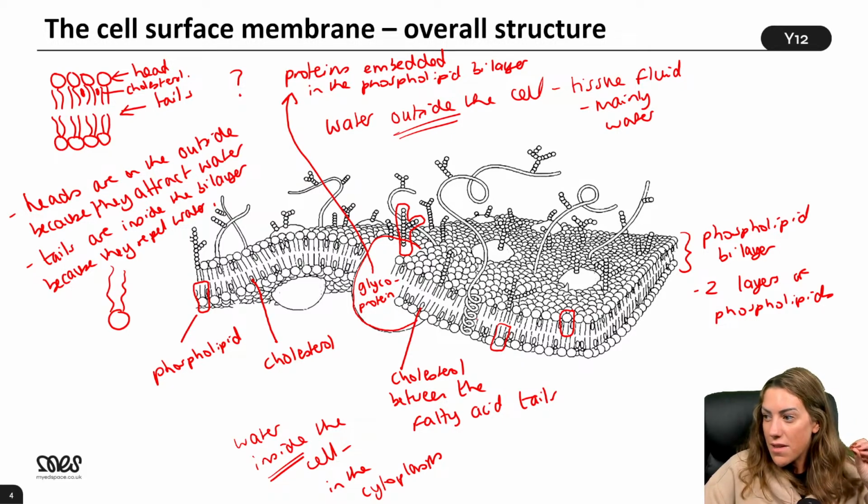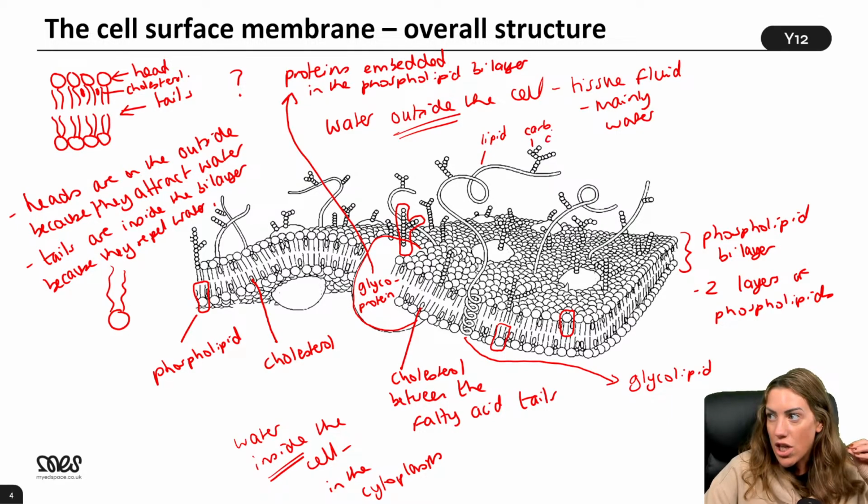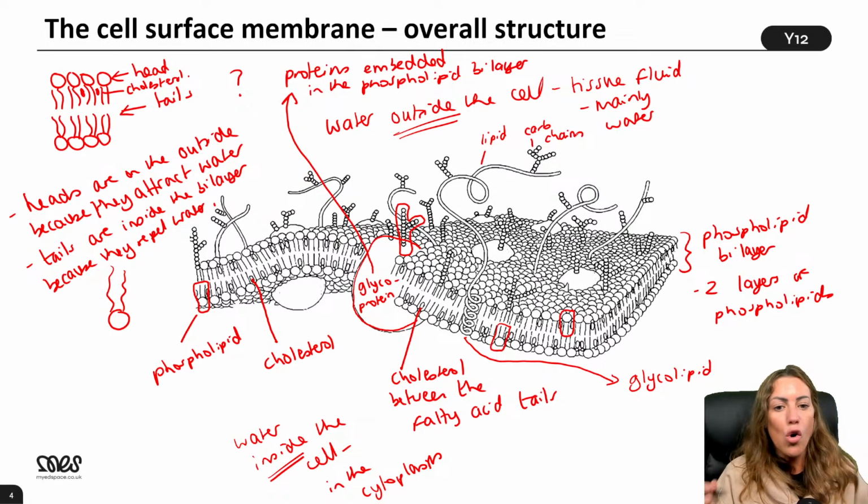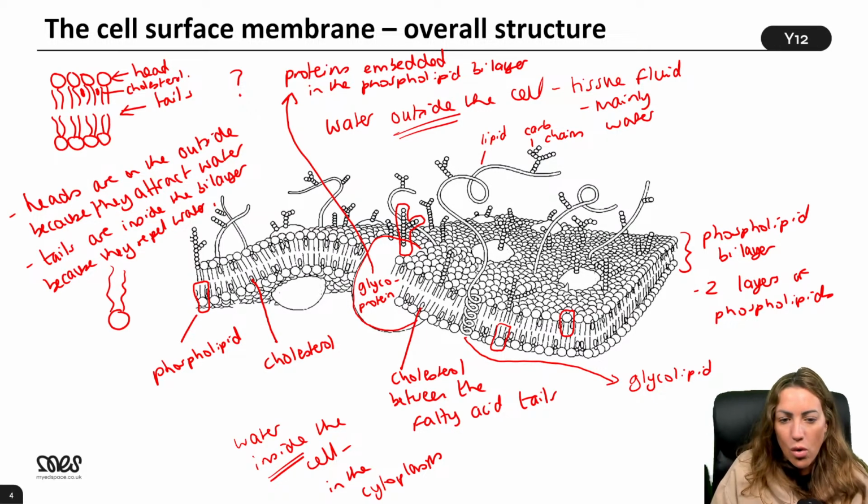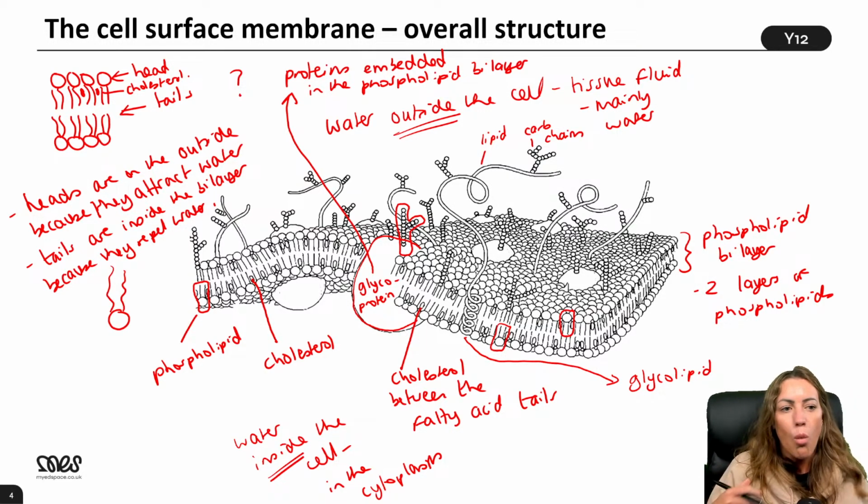And then if you look at the squiggly wiggly thing here, this is actually a glycolipid, this one. That's not a protein. You've got a squiggly wiggly lipid, and then you've got some carbohydrate chains attached to it. So you've got all sorts going on. Now, we're not going to spend too long going through all the detail of everything, but what I want you to take away is the structure, okay?